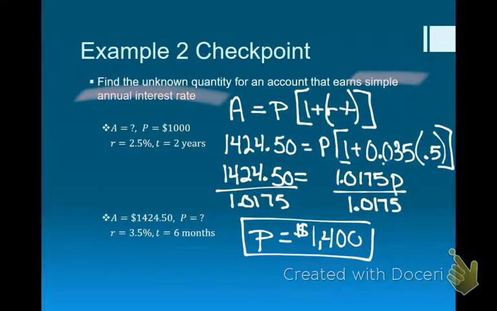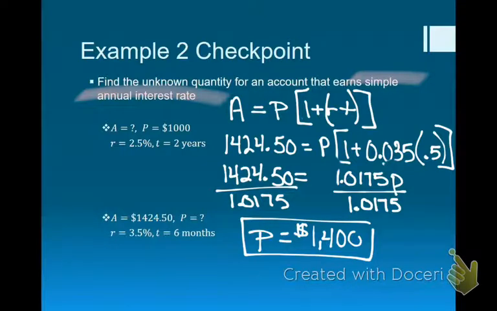Yeah. So if you started with $1,400 and you ended with $1,424.50, the interest is $24.50. It's the difference. Okay? Again, not part of solving the problem, but that might be a bonus point or two on a quiz or a test, to figure out what the interest is.